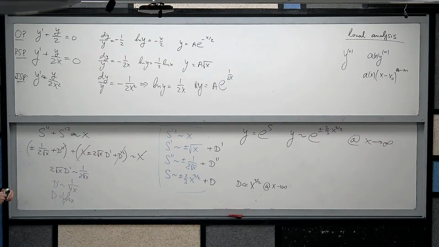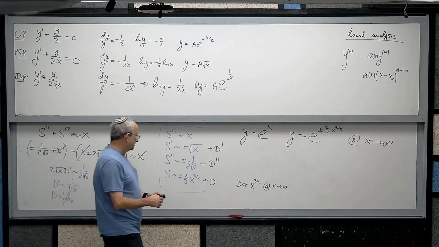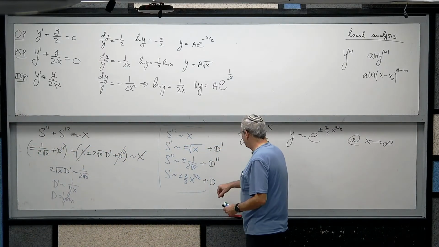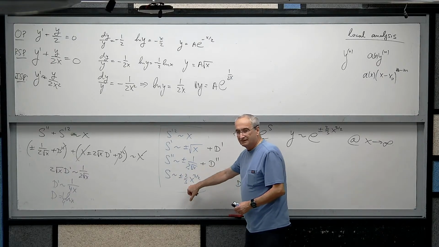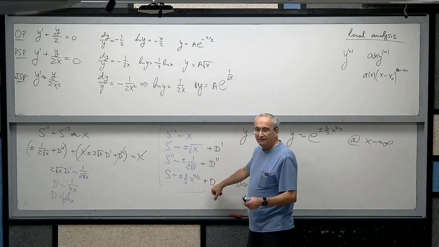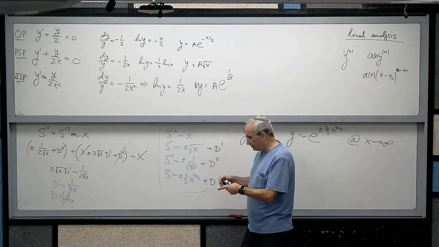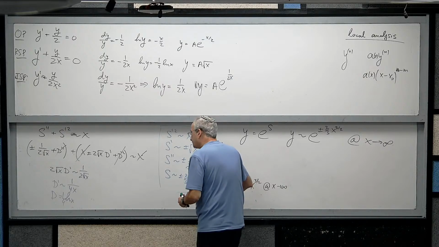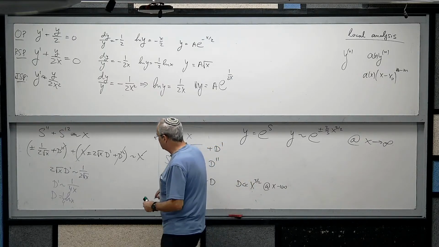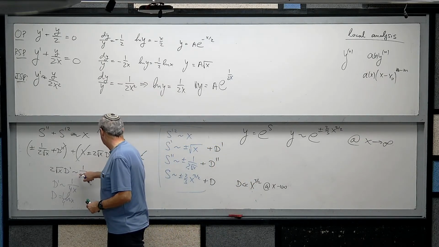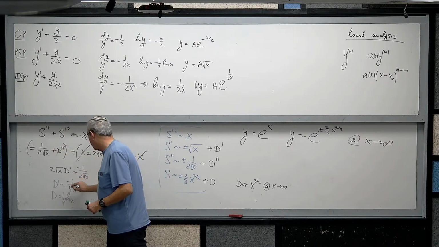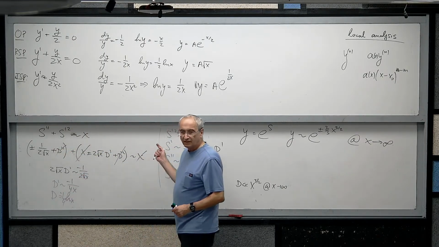Okay? So you see that indeed the difference between S and this is something that is not going to 0 as x goes to infinity. And we have to include it. I have a minus here, I guess. Right? Yes. I move it to the other side.